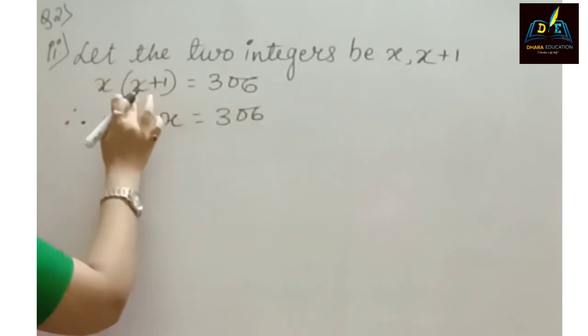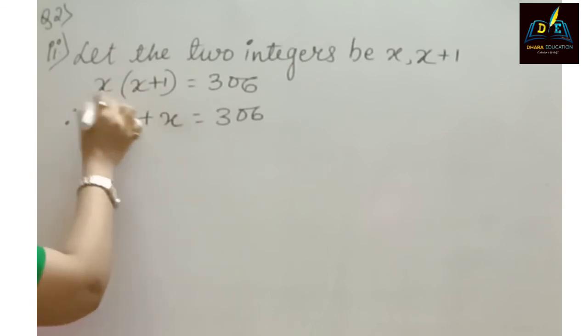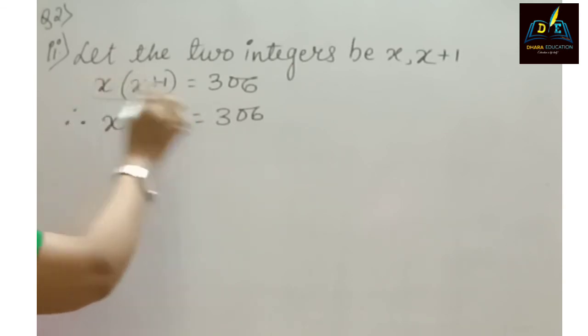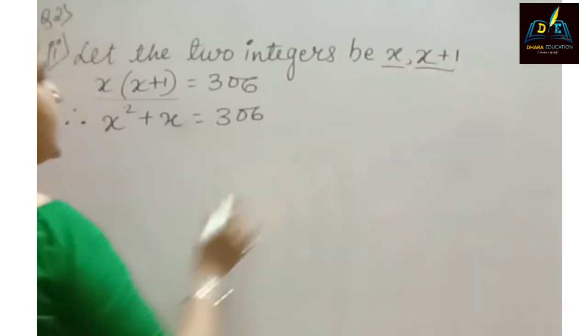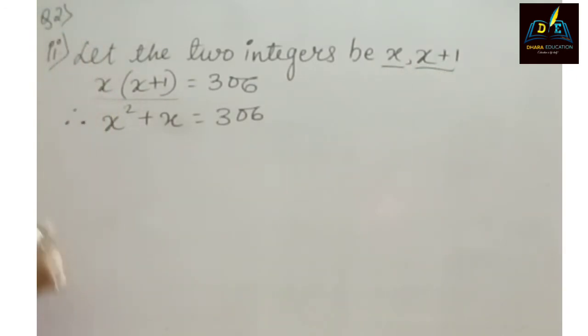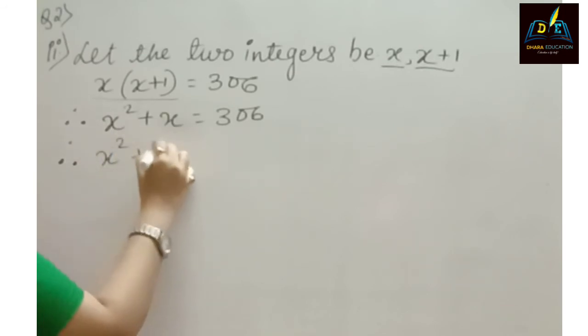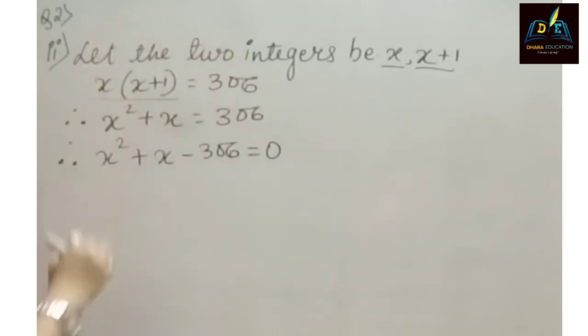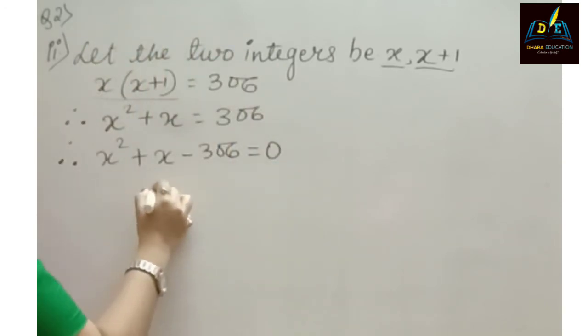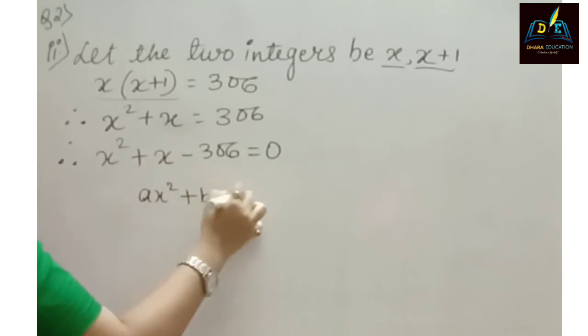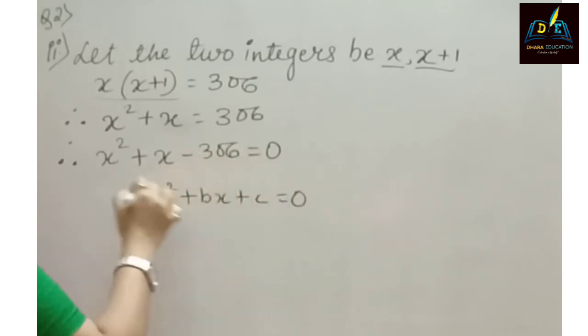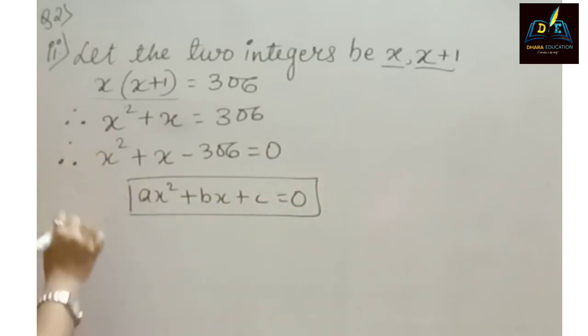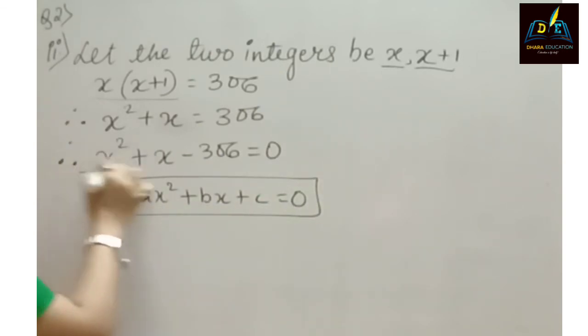Am I clear on this point to everyone? It is very simple. You just need to multiply x and x plus 1. After that, what we need to do is this: x square plus x minus 306 is equal to 0, as per our standard quadratic equation, that is ax square plus bx plus c is equal to 0. By fulfilling this standard rule, we can implement this step.